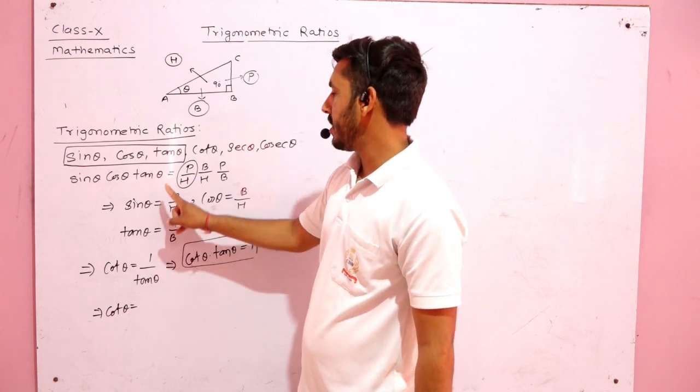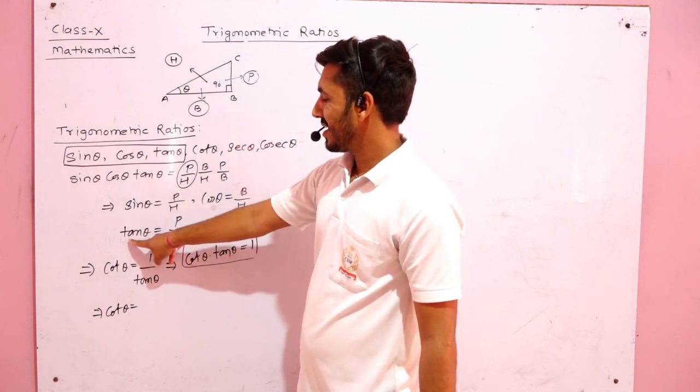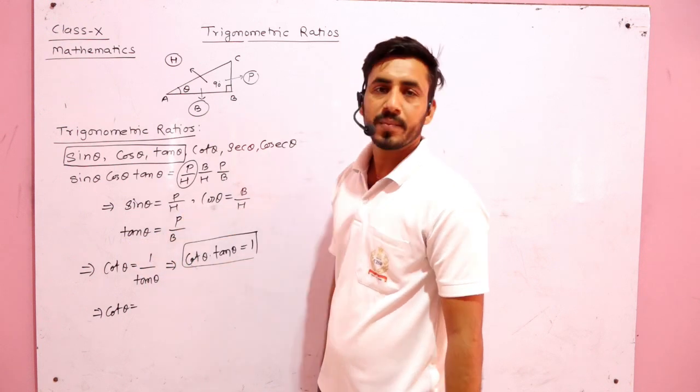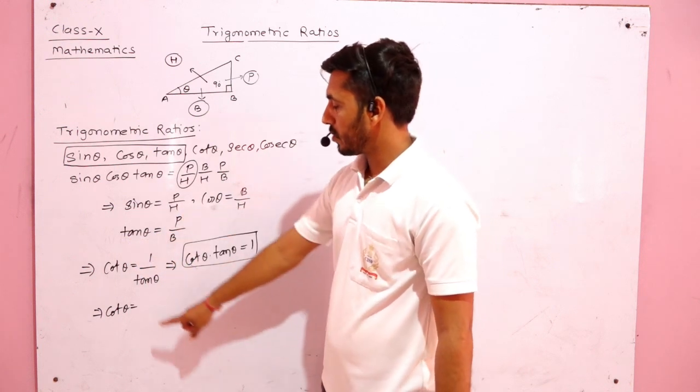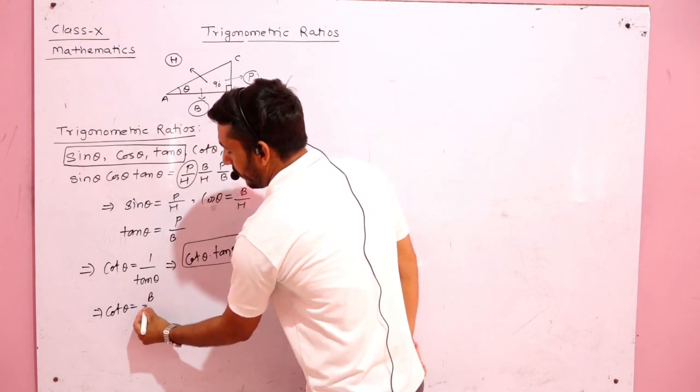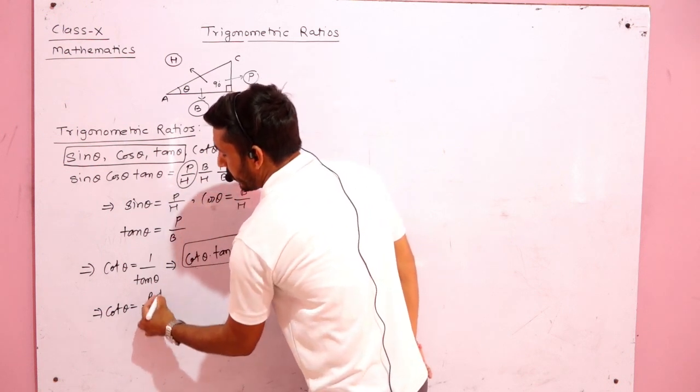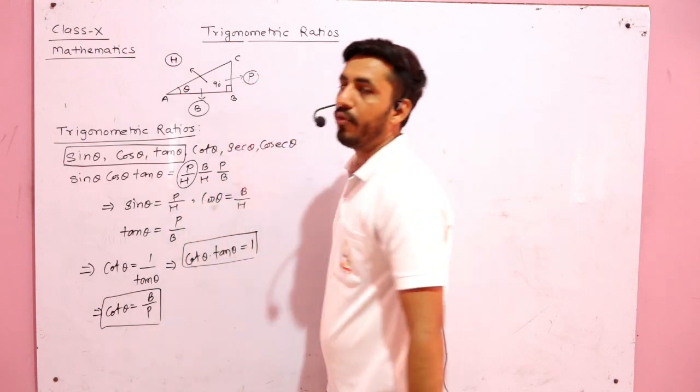Tan theta is equal to P upon B. Then cot theta will be the opposite of P upon B, means B upon P. This is the relation of cot theta.